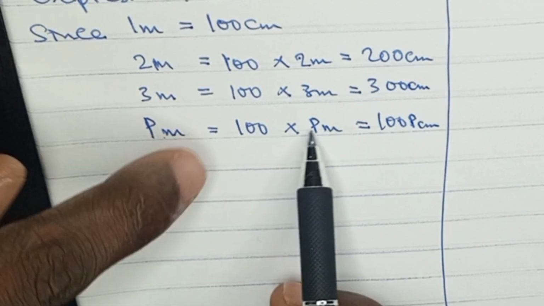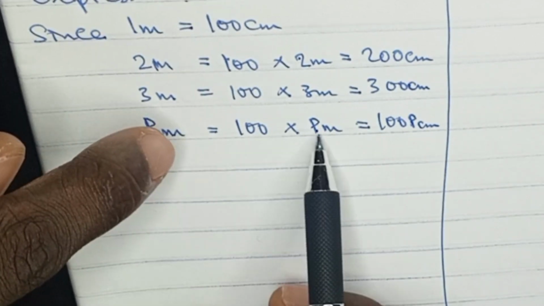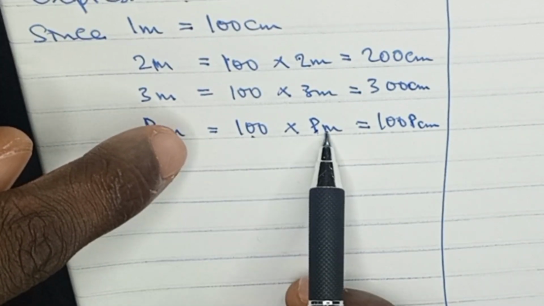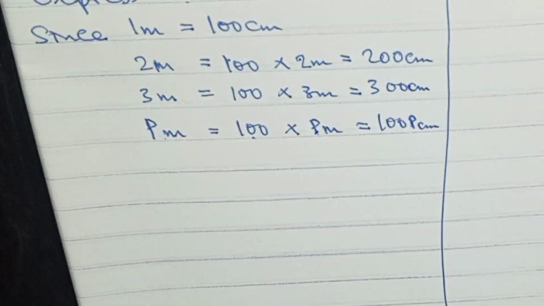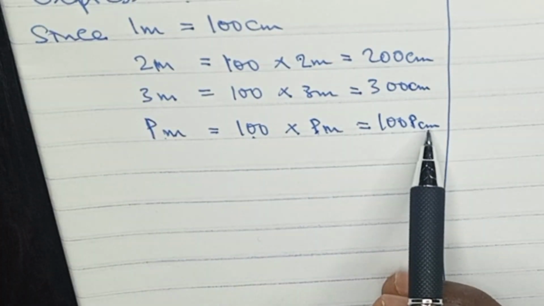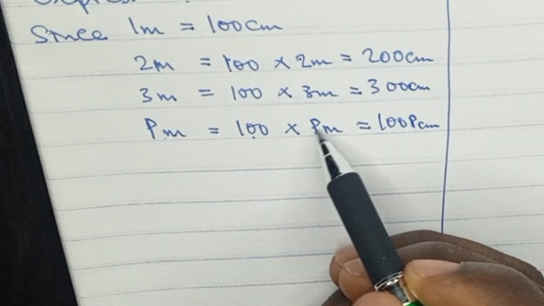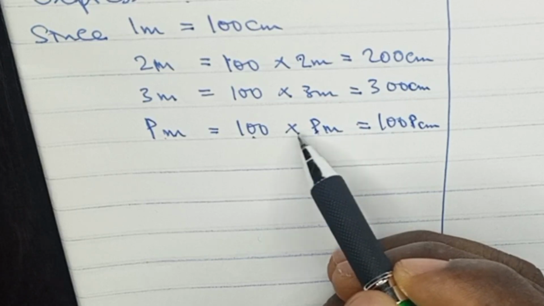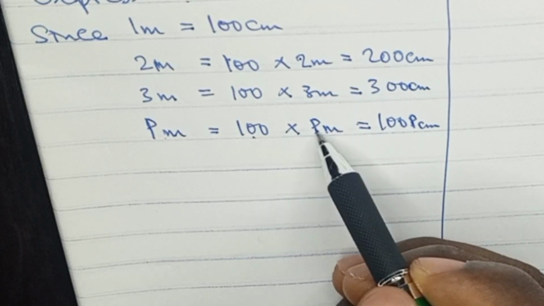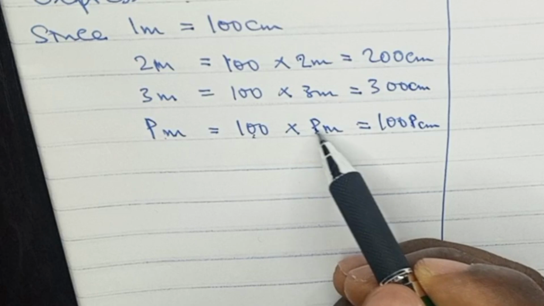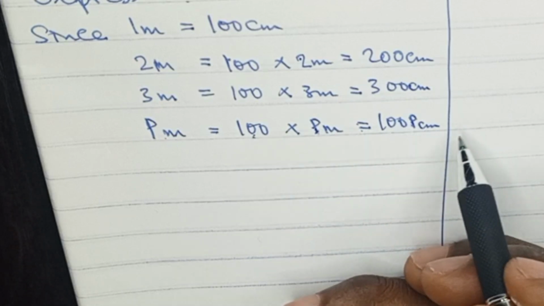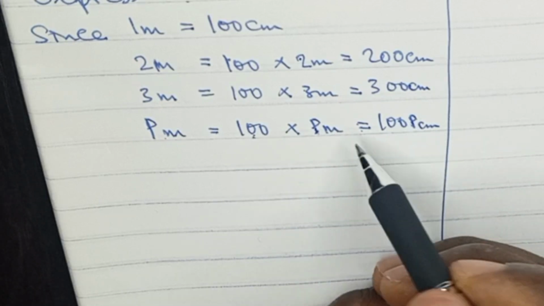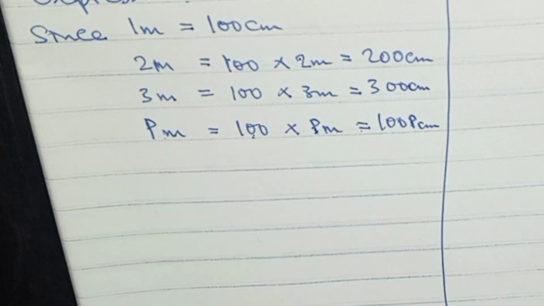So p is representing the unknown. So 100 times p meters gives us 100p centimeters. Anytime we decide to put a value for this p, say 5, that means 5 times 100 gives us 500 centimeters. Now 5 is replacing the p, because we used p as unknown initially. As simple as that.